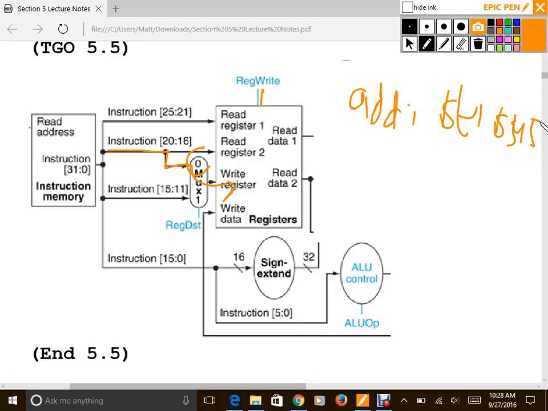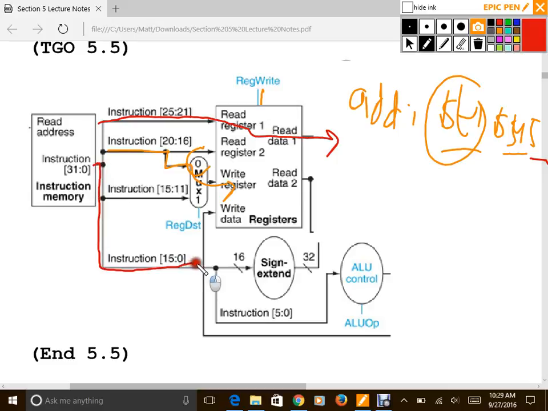Remember that? So T1 is the value that's coming here in 20 to 16. S4 is 25 to 21, comes out through here. The value of 5 is the 16 least significant bits that come out here and are sign extended to a 32-bit value.